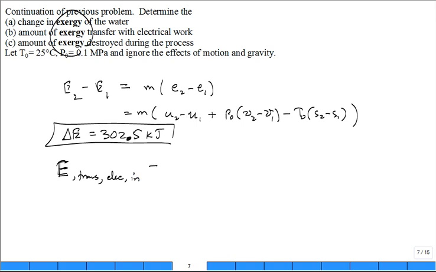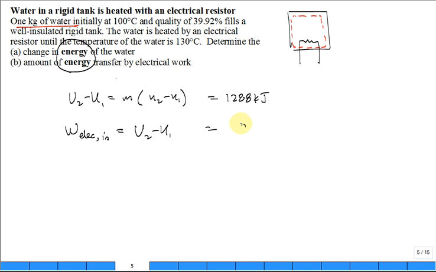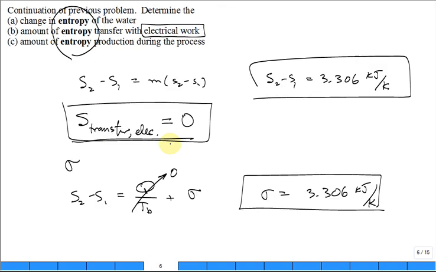So guess what? What's the answer for that? Let's look back. We had 1,288 kilojoules of electric work come in. We had 0 kilojoules per Kelvin entropy transferred with that electric work.